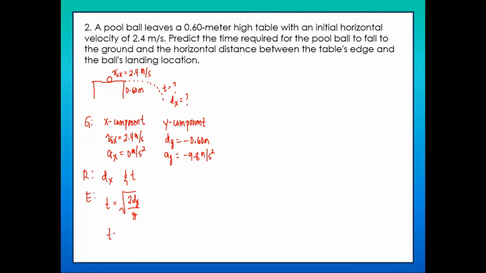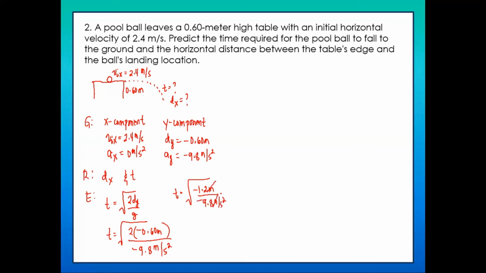So, t is equal to square root of 2 multiplied to negative 0.60 meters divided by the gravity, which is negative 9.8 meter per second squared. So, multiply muna natin 2 times negative 0.60 meters will give you negative 1.2 meters. Okay, so t is equal to square root of negative 1.2 meters over negative 9.8 meter per second squared.